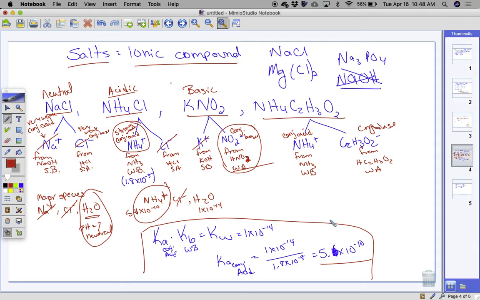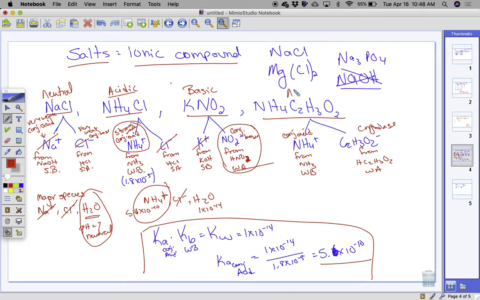For sake of time, will you believe me if I tell you they both have the same math, because it happens that the Ka of acetic acid is the same as the Kb of NH3? So both of the conjugates come out with Ks of 5.6 times 10 to the negative 10th. So both of them are more than water, but both of them are the same above water.